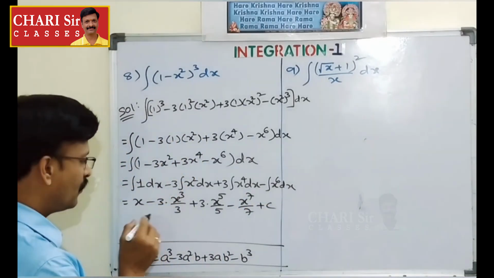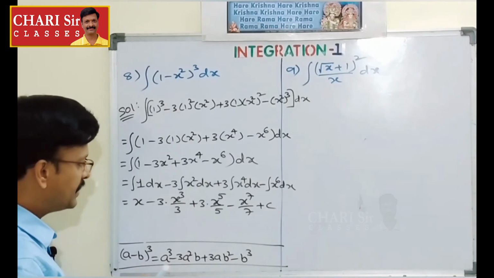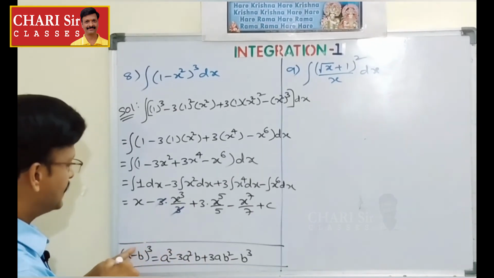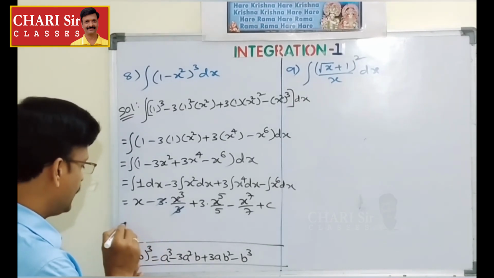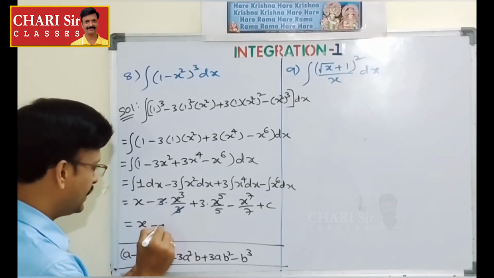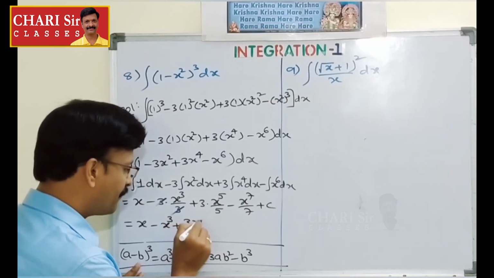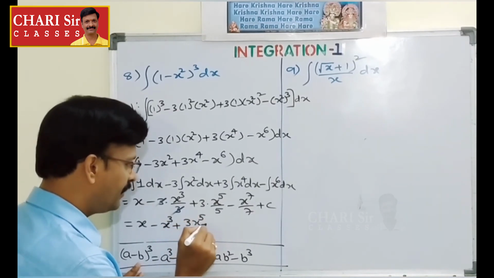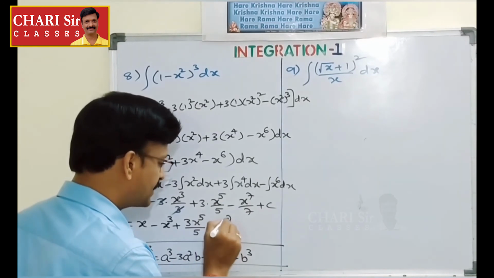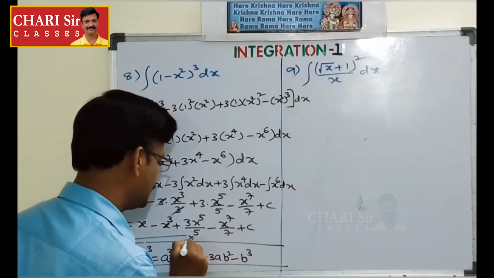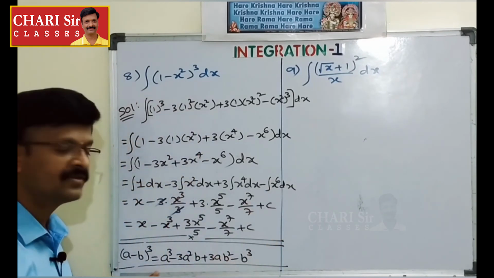Now we can write a more simplified form. Here one term will get cancelled, 3 and 3, the rest are the same as it is. So we can write it as x minus x cube plus 3x power 5 by 5 minus x power 7 by 7 plus c. So this is your answer. So like this you can find it out.